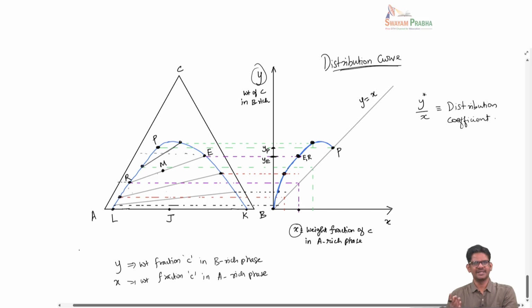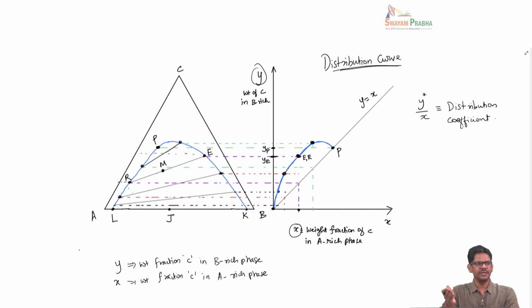But it tells you to what extent component C prefers solvent B over solvent A. It kind of gives a relative separation possibility. It's very similar to the way we defined relative volatility to tell to what extent a component is more volatile than the other. So this is also something related to that.